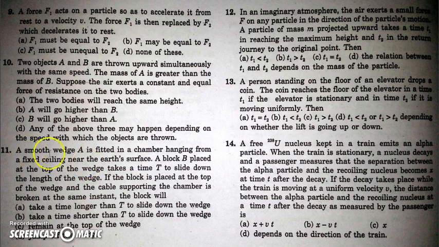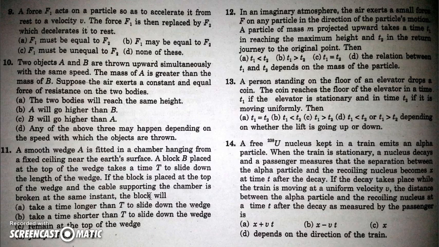In the next question, there is a smooth wedge A fitted in a chamber hanging from a fixed ceiling near the surface of Earth. A block B is at the top of the wedge and takes time t to slide down the length of the wedge. If the block is placed at the top of the wedge and the cable supporting the chamber is broken at the same instant, obviously now both will fall freely.